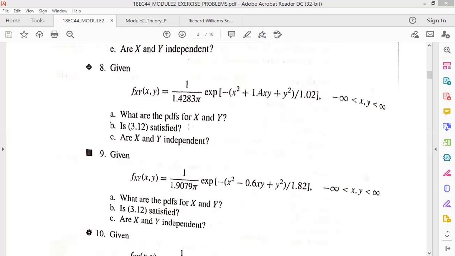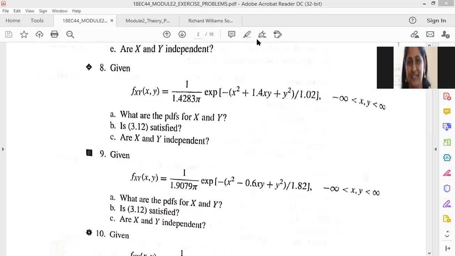While explaining the bivariate CDF, we took some special features like fxy of x comma minus infinity and fxy of minus infinity comma y, and saw what the value should be for various parameters. Here we are asked to verify fxy of infinity comma infinity, that is, when both x and y are equal to infinity, whether it is equal to 1 or not.